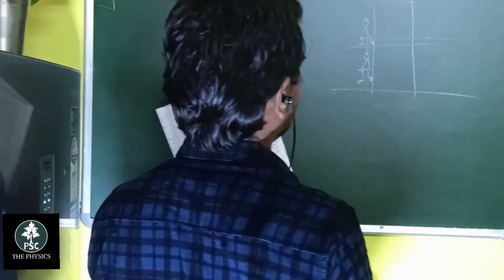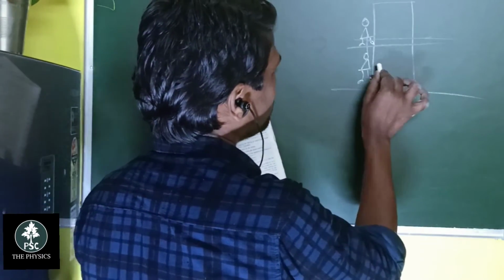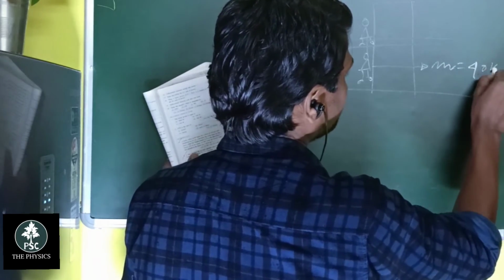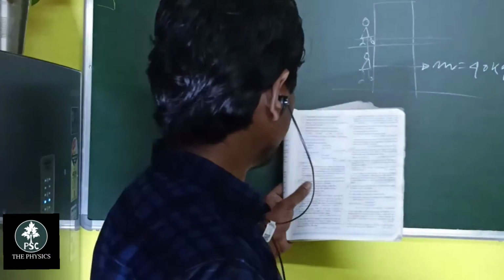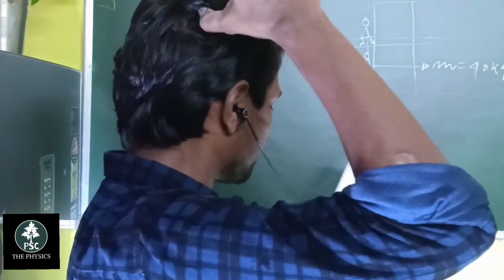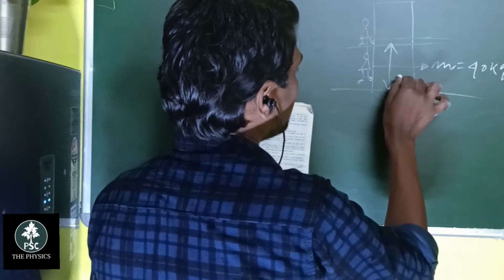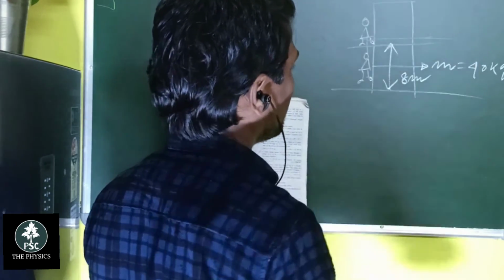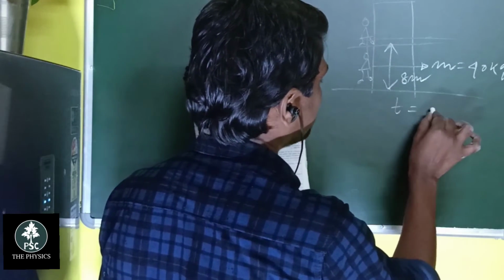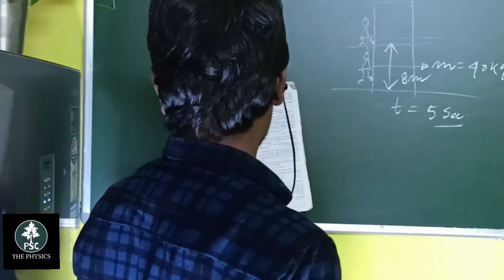So a boy of 40 kg, the mass of the boy is 40 kg, runs upstairs and reaches the 8 meter high first floor in 5 seconds. So here time is also given, 5 seconds.